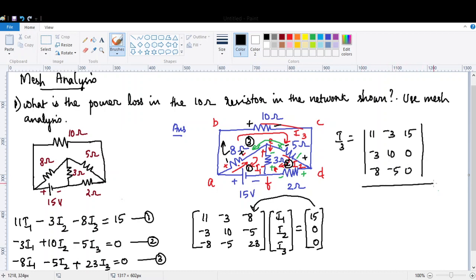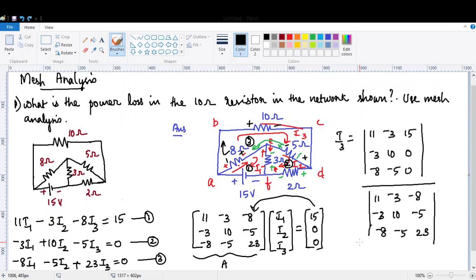This matrix is divided by our A matrix, which is 11, minus 3, minus 8, minus 3, 10, minus 5, and minus 8, minus 5, 23. This is the A matrix determinant. So this is how we find I3.